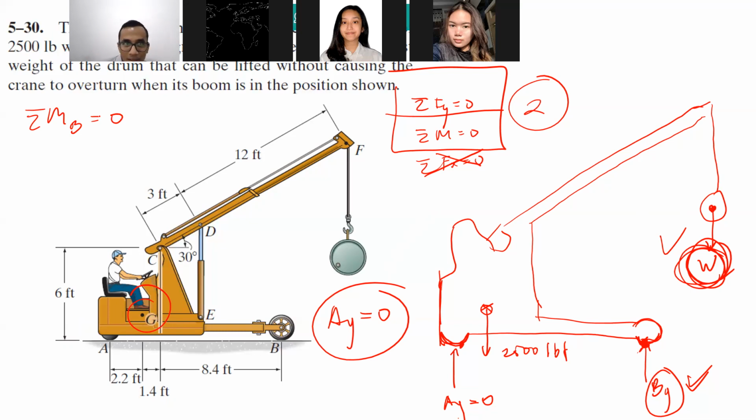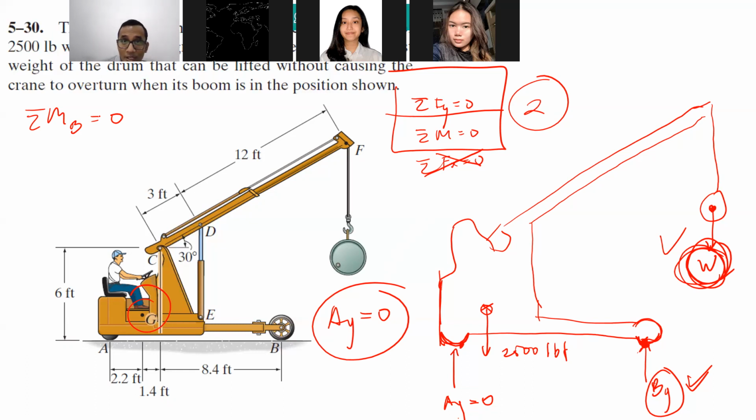If I want to calculate sigma moment at B, what will I get there, Audrey? Sorry, sir, can you repeat the question? I want to calculate for W, right? The maximum W. We know that the maximum W will happen when AY is equal to 0.